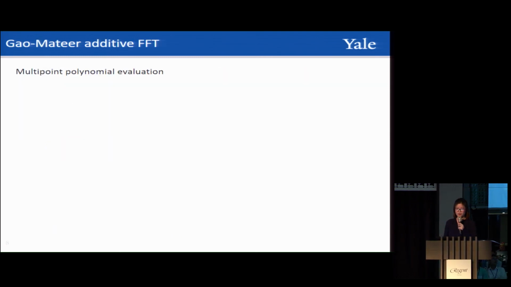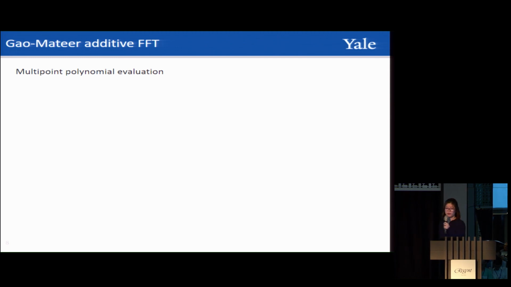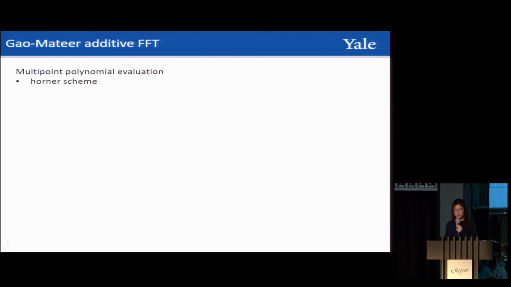And during the first talk, Tony already gave some background about additive FFT. So additive FFT, we also used it to do multi-point polynomial evaluation. In hardware, the most conventional algorithm that people use is the Horner scheme or Chien search, which follows a similar pattern.